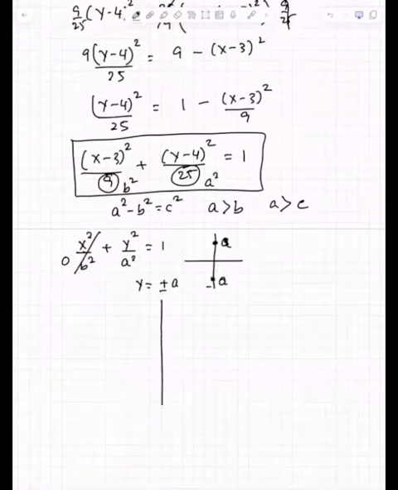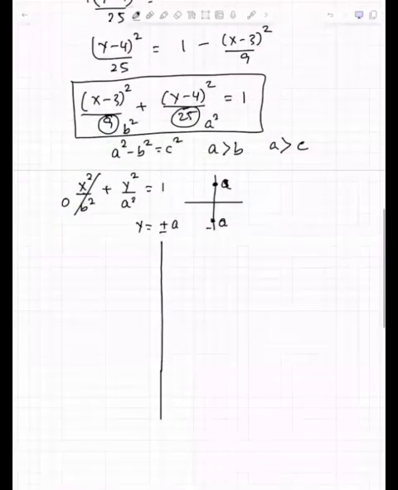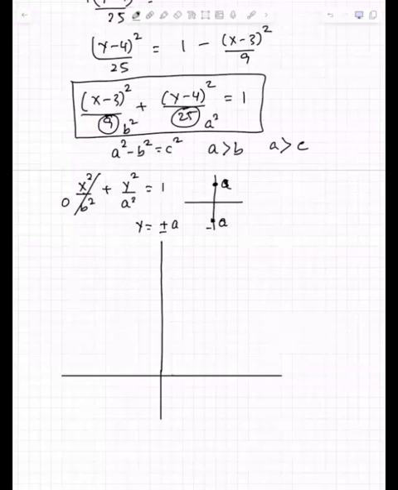So now we can sketch this. The center was at (3, 4). The a's go up, the a's are on the y's. The a was 5, so we go up 5. That's a 4, and 5 up is 9.